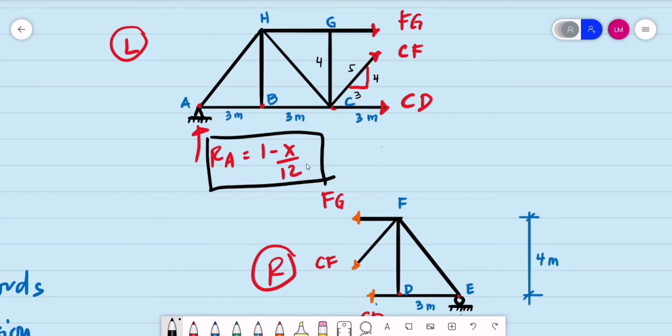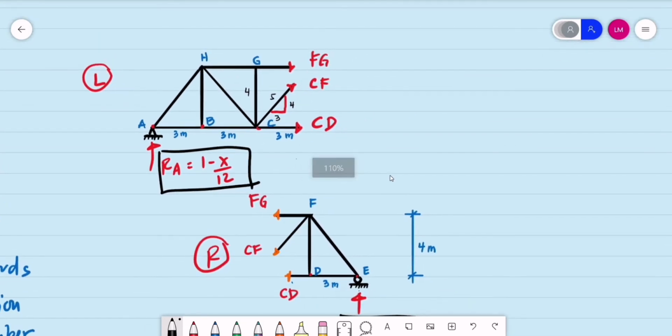So let us assume the location of the 1 unit load. Let's say the 1 unit load is somewhere between points A and C. We are considering the interval 0 ≤ x ≤ 6 meters. If we consider vertical forces, we can disregard CD and FG since they are horizontal.